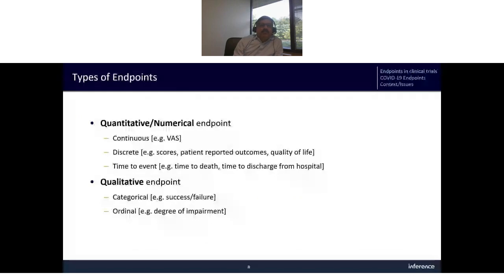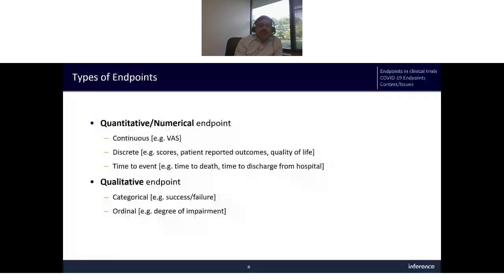Now, types of endpoint. We talked about the definition of endpoints, right? We talked about feel, function, survival, and then surrogate endpoint. So that's one way to look at them.